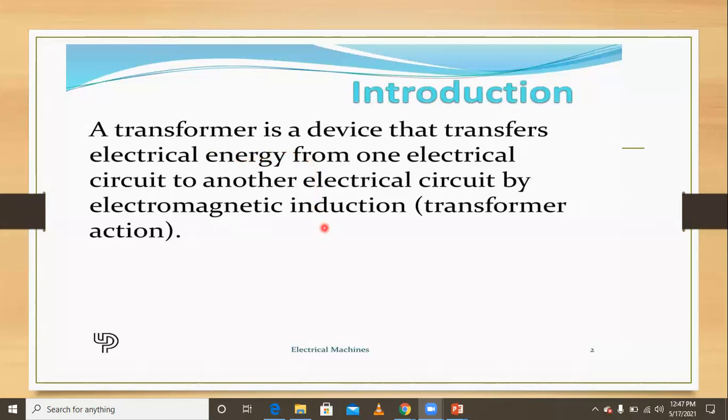That voltage can be stepped up by using transformers. This voltage is increased from 11 kV to 22 kV, and again from 22 kV to 33 kV, by using these transformers only. At the generating stations the voltage levels are increased: 11 to 22, 22 to 33, 33 to 66 kV.